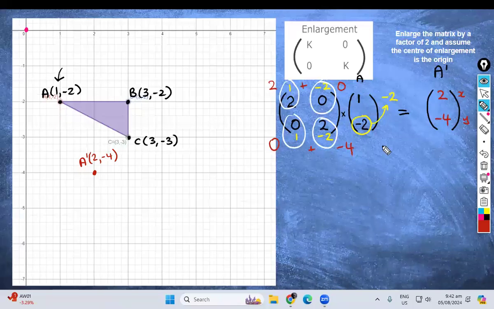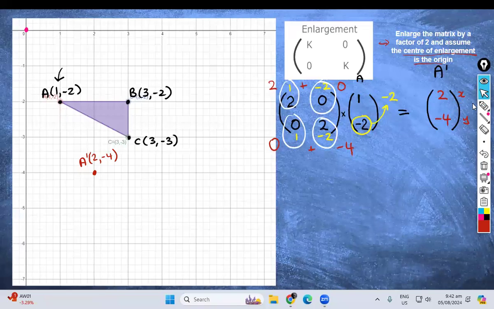If we are making it 2 times larger, and the center of enlargement is the origin, all we did was take the A coordinates and multiply by 2. 1 multiplied by 2 is 2, and minus 2 multiplied by 2 is minus 4. All you are doing is taking the X and Y coordinates and multiplying them by 2.